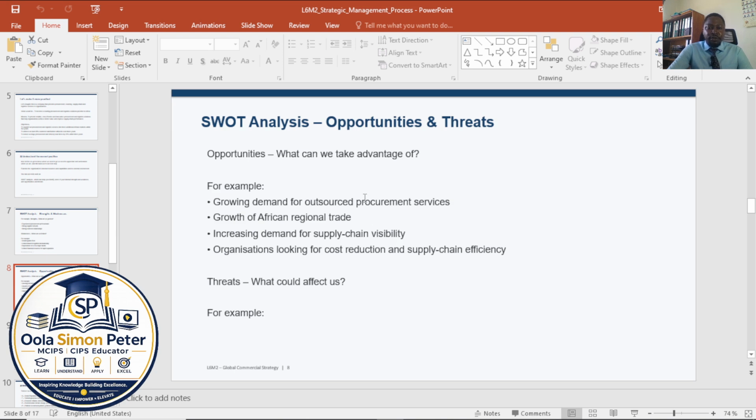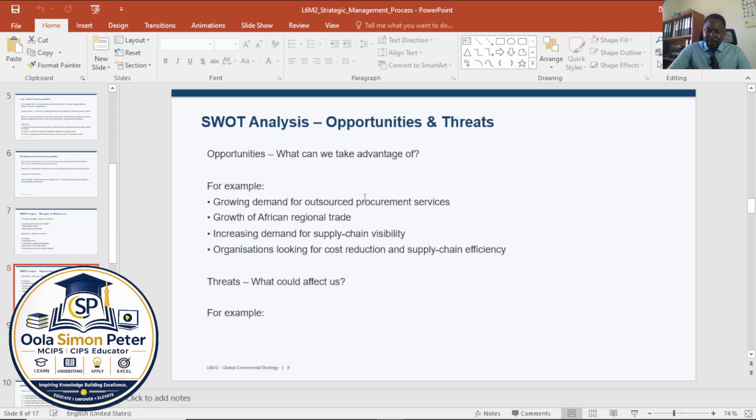Growth of African regional trade, COMESA, for example, East African Trade Unions and the like, that encourage free movement of goods and services. Increasing demand for supply chain visibility and organizations looking for cost reduction and supply chain efficiency.